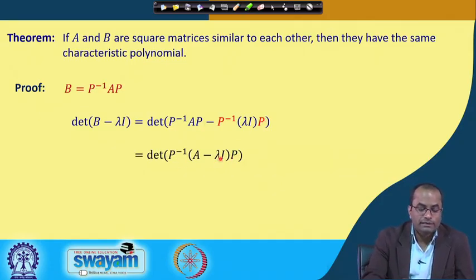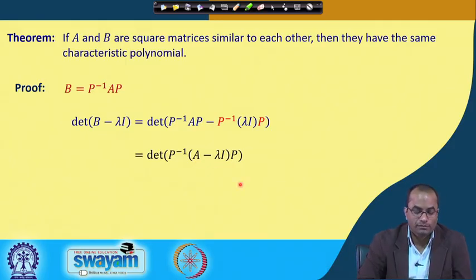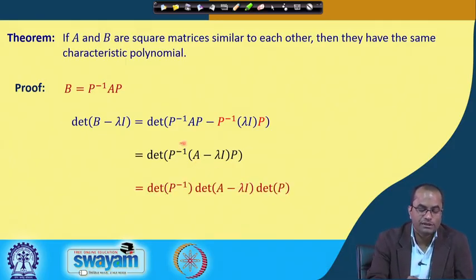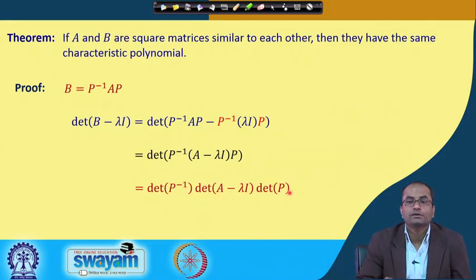Now, this A minus lambda I, and then we can use the property of the determinant: the product of these three matrices means the determinant of P inverse, the determinant of the middle one A minus lambda I, and the determinant of P.